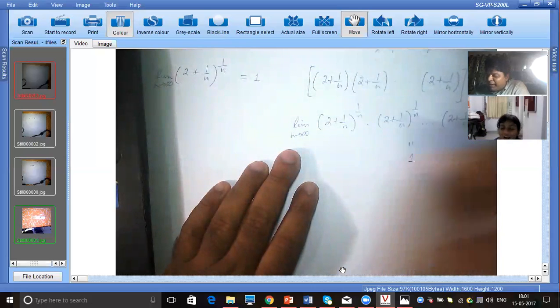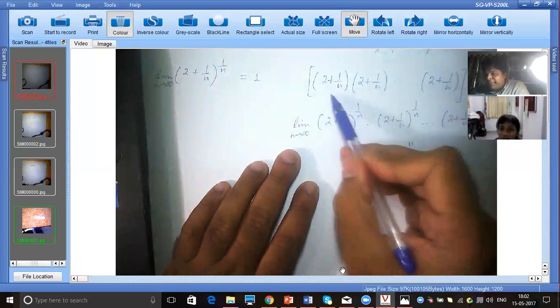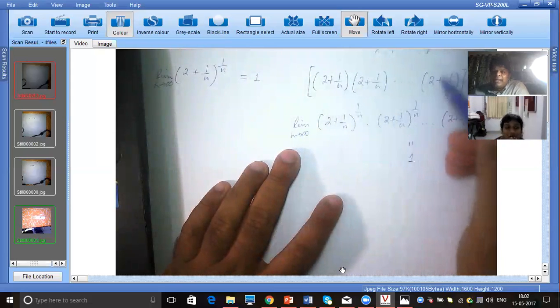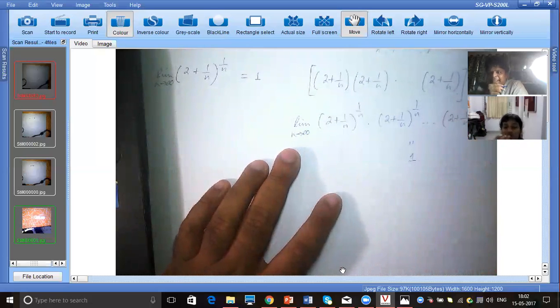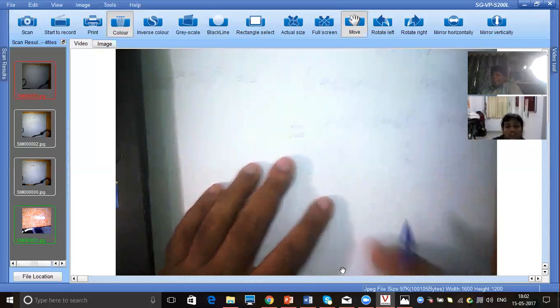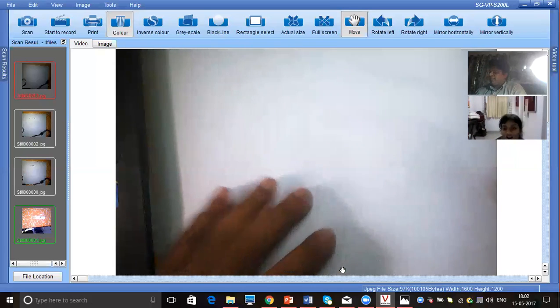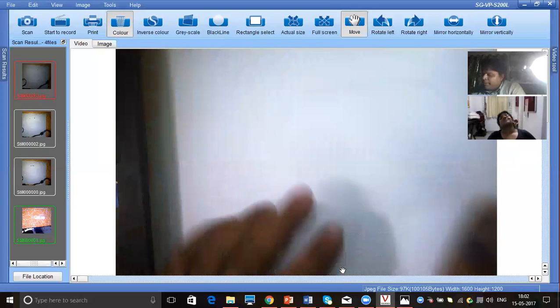But if I didn't do this, I would have gotten 2, whole to the n/n. So you basically can't do this. But why? That is the thing that we have to now figure out.